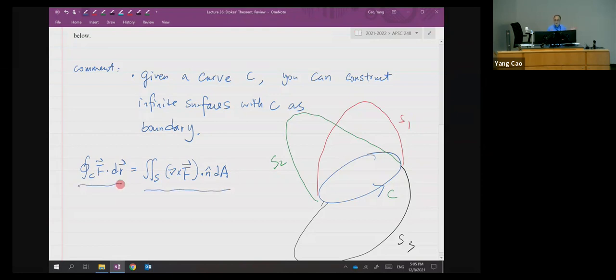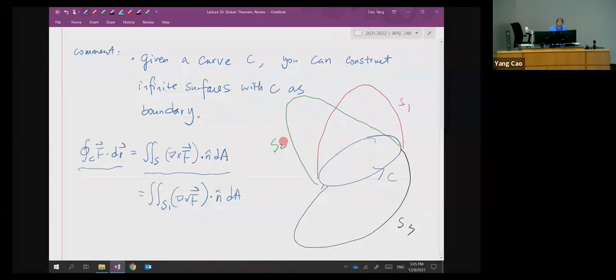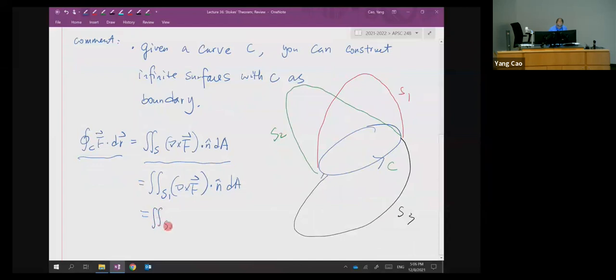It's still the same curve C. But on the right side, technically you can use any one of the surfaces we just drew, S1 or S2.